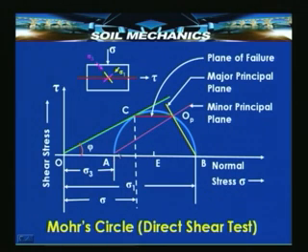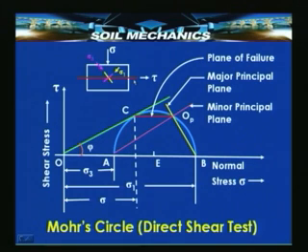It so happens that this red line which passes through A and OP is nothing but the minor principal plane, and therefore, point OP represents the stresses which act on the minor principal plane. Now, from this OP, if you draw a horizontal line OPC, then since it is horizontal, it will be nothing but the representation of the failure plane.